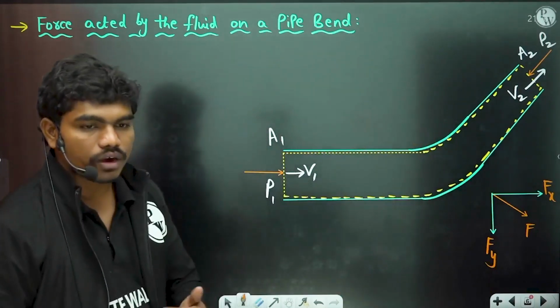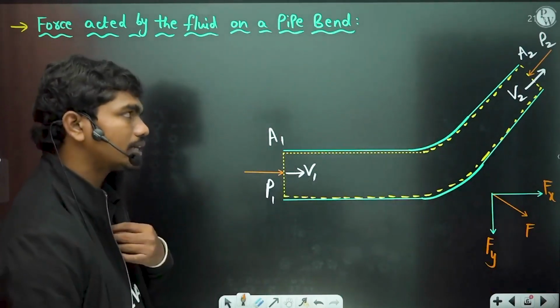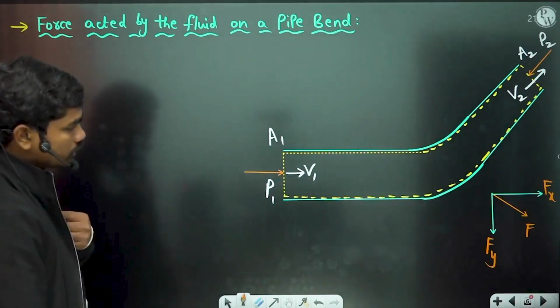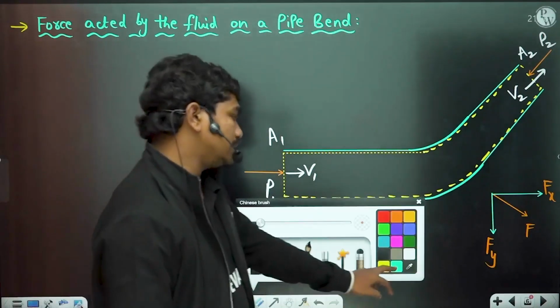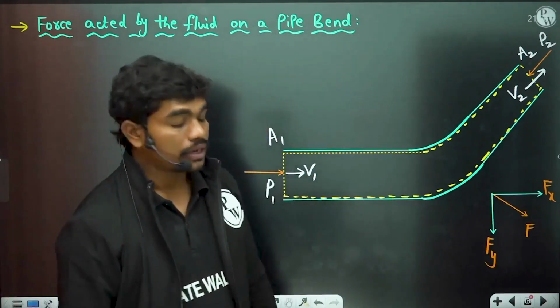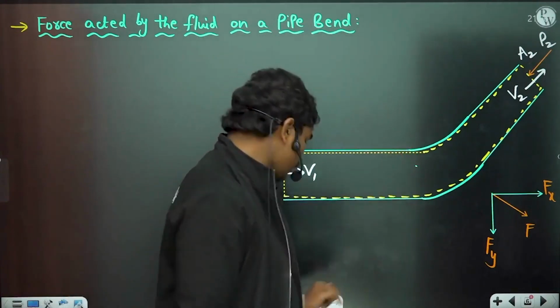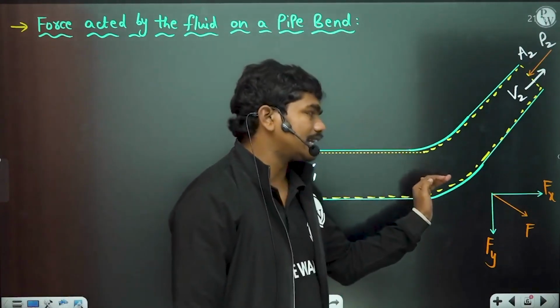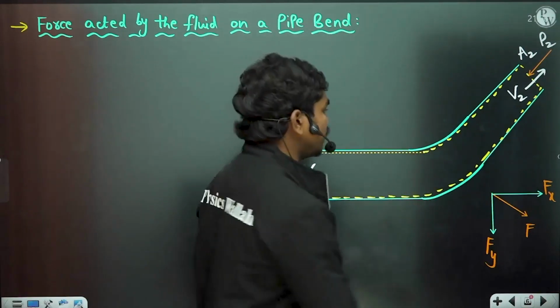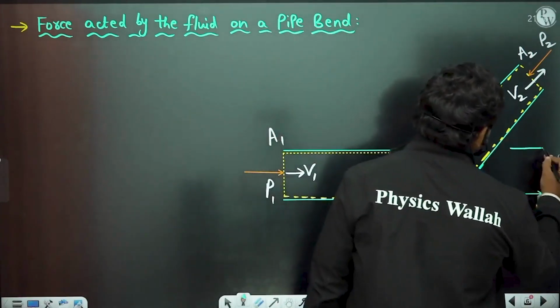Now let us calculate the components, Fx and Fy. First of all, sigma F acting on the fluid. Let us suppose the force acting on the fluid in the x direction is Fx, and we are defining the xy coordinate system in this direction.